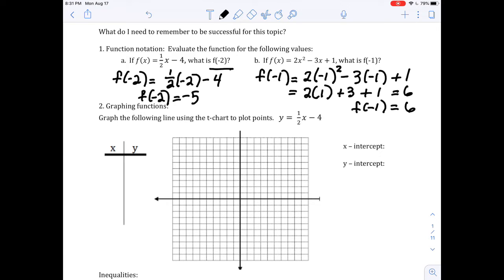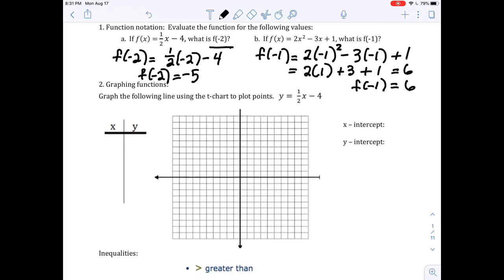The only difference between those two is that 1a is using function notation, and the other one is just using regular linear notation. That is actually the equation of a line. All right, so let's pick some x values to use as inputs.